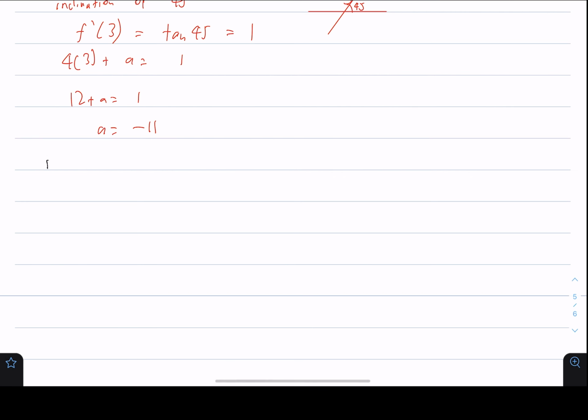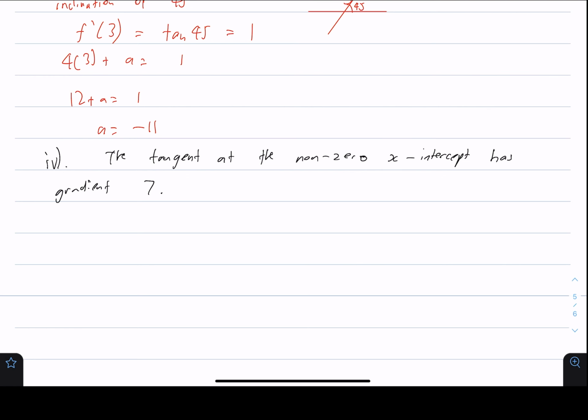So the fourth part of the question is, find the value of a when the tangent at the non-zero x-intercept has gradient 7.